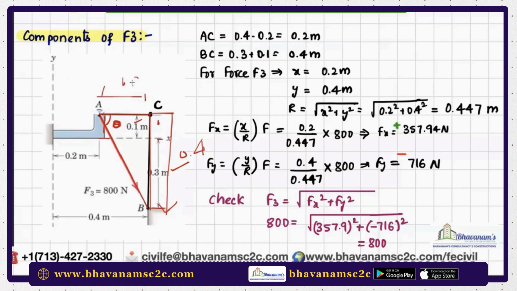After that, theta is simply the basic funda. We have the data of this and this. If this is my theta, then tan theta is equal to opposite side over adjacent side, that is 0.4 by 0.2. After sending the tan to the other side, theta will be tan inverse of this. So you get the angle.